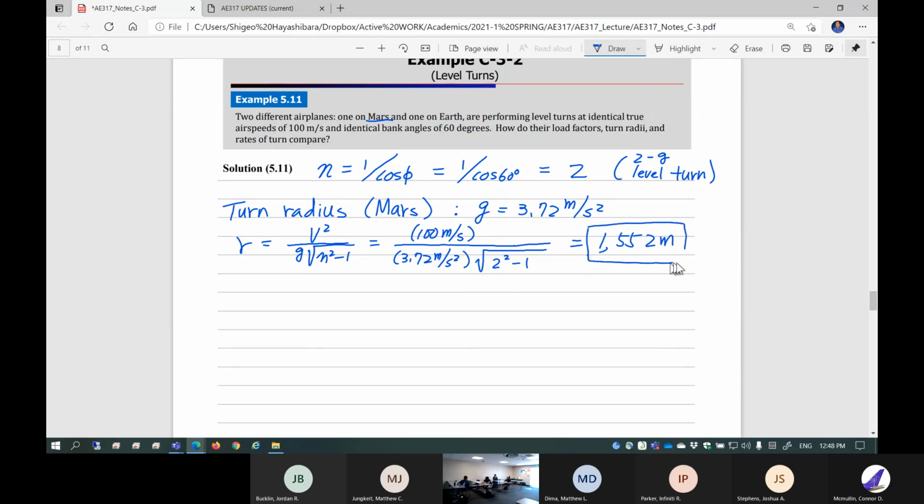Suppose you do the same turn, 2G turn on Earth, do you think this is smaller or bigger? Much smaller. Much smaller because gravity is higher. Okay, good. On Earth, gravity is a higher value, 9.8 meters per second squared.